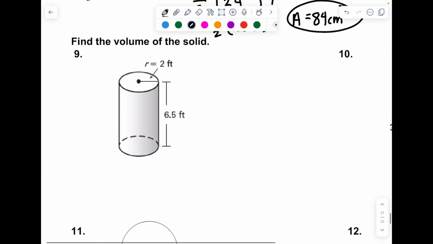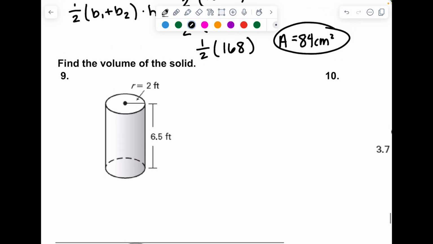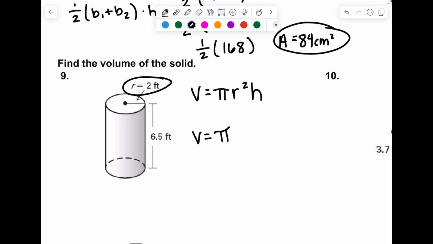Okay, number 9, they want us to find the volume of this cylinder. So you need your volume of a cylinder formula, which is pi r squared h. So we just need to plug in our radius, right here it's 2.